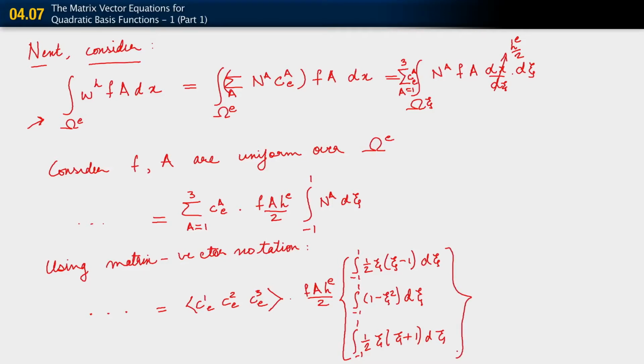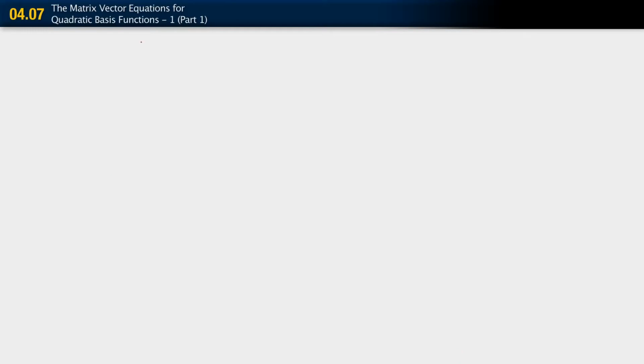All right. Okay, we'll go ahead now and compute those integrals. They are relatively straightforward to compute. Let's do that. We get our c vector for the element. We have f A h^e over 2 because f and A we're assuming are uniform. And for our integrals, we get first 1/2 of xi cubed over 3 with limits minus 1 to 1.